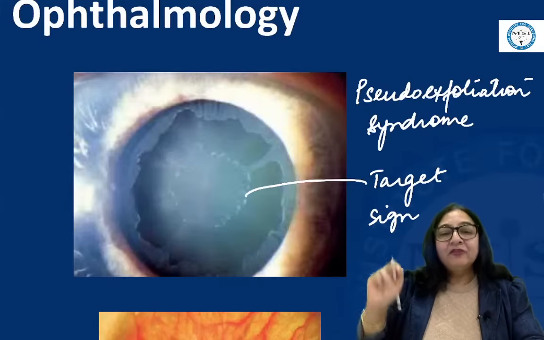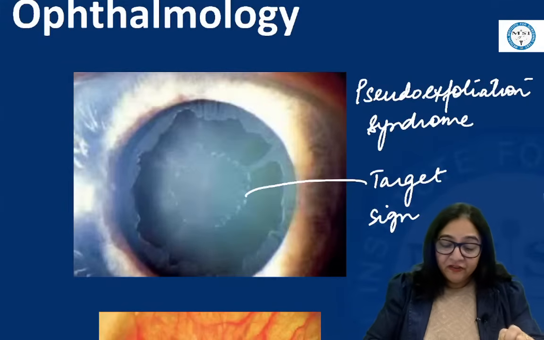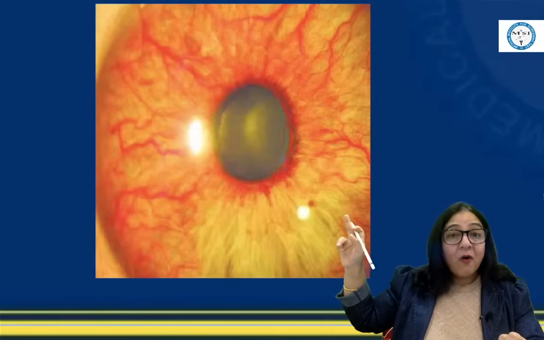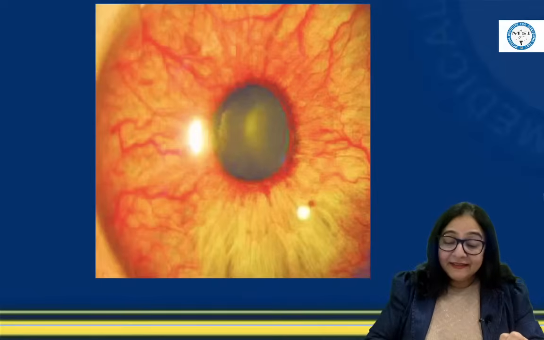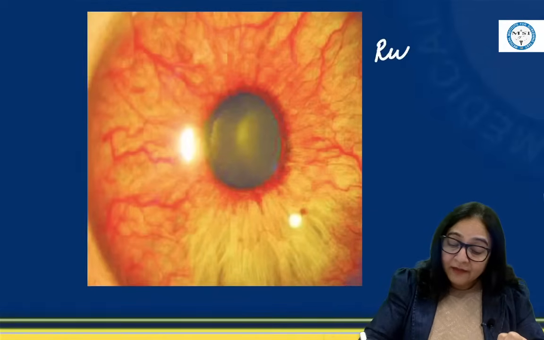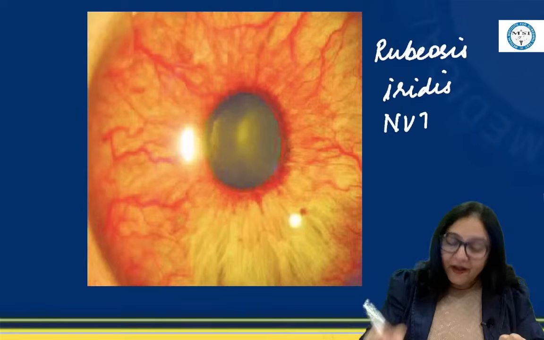Okay, and choice D was talking about iris neovascularization. Iris neovascularization is seen in conditions in which there is retinal ischemia, and it is also called rubeosis iridis or neovascularization of iris.